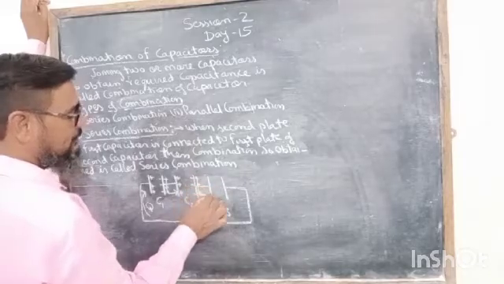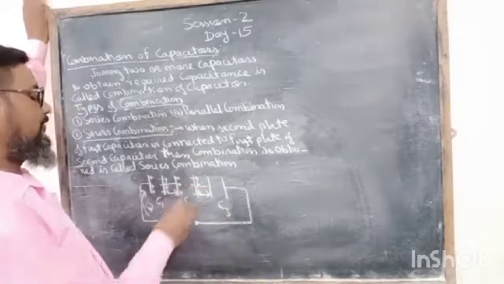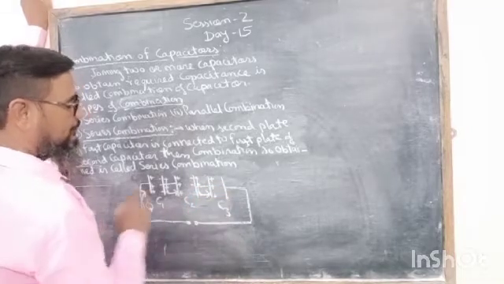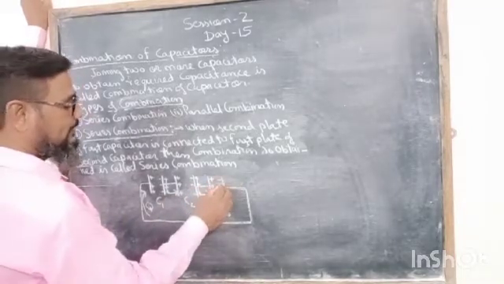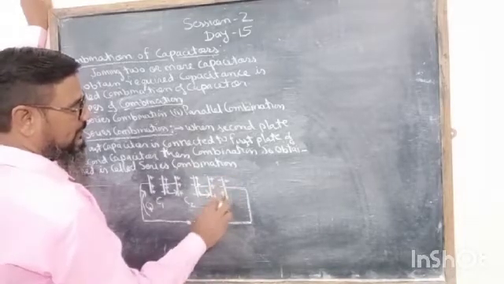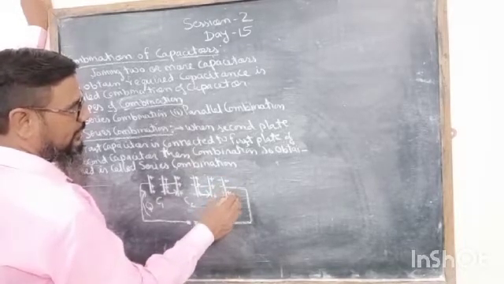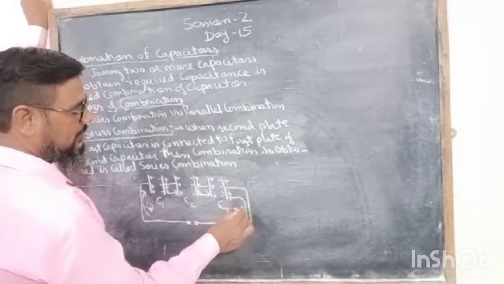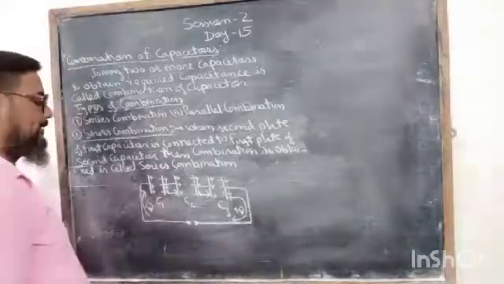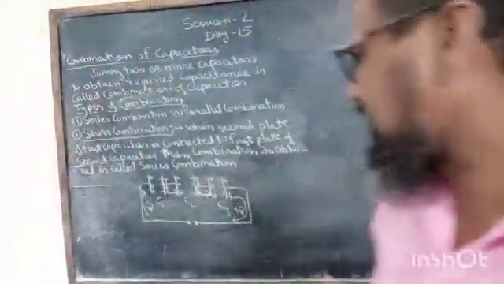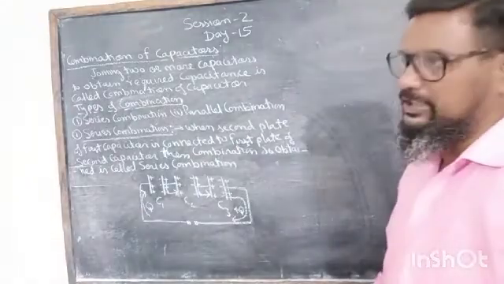Then it shifts to the first plate of the third capacitor, and now it is plus Q charge, and at the inner surface minus Q charge, and outer surface plus Q charge, and this plus Q charge goes this way. In this manner, all the capacitors are charged by plus Q charge in series combination.